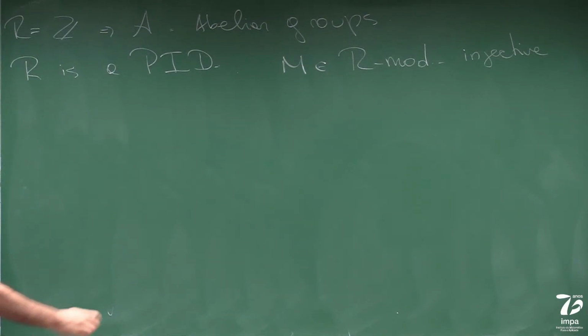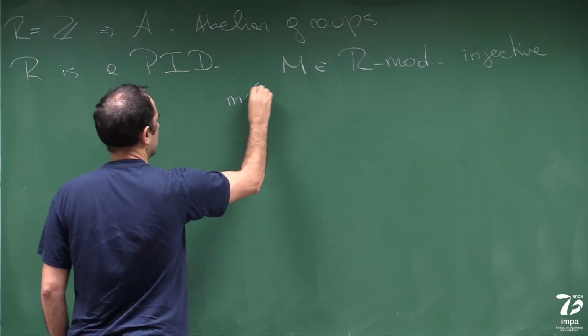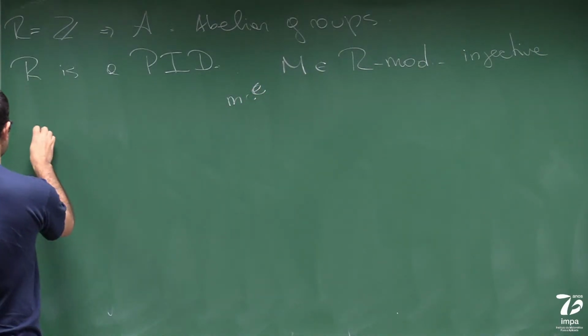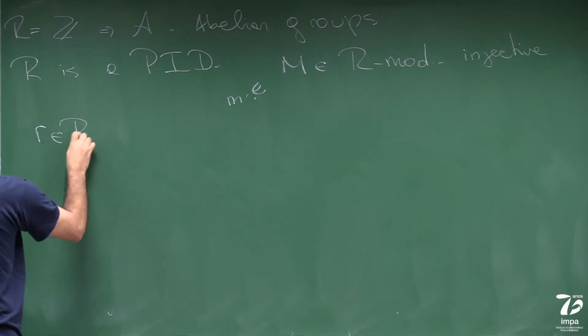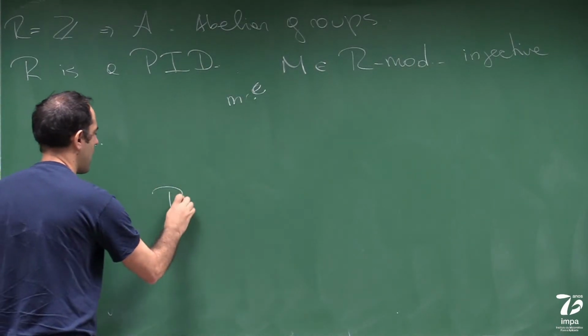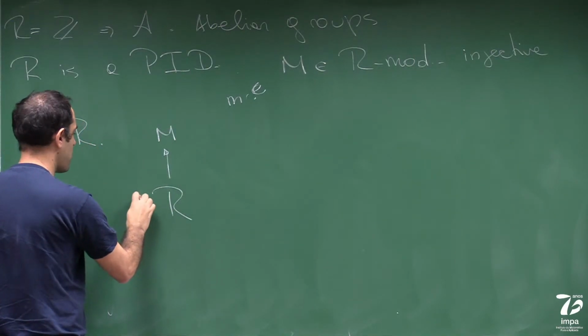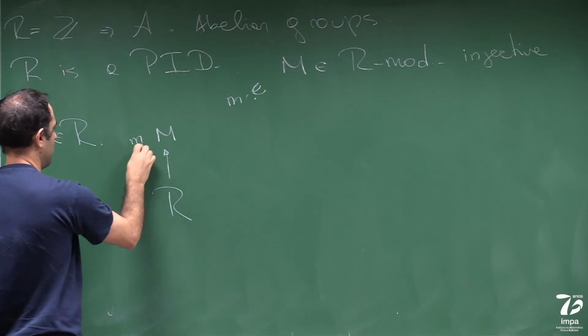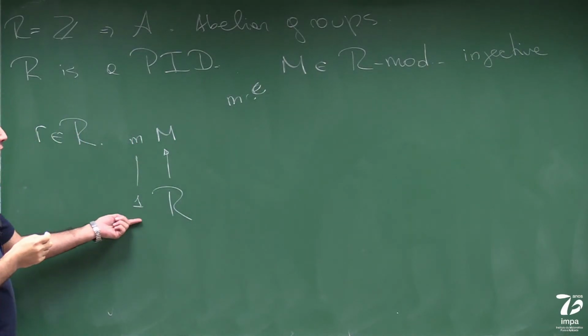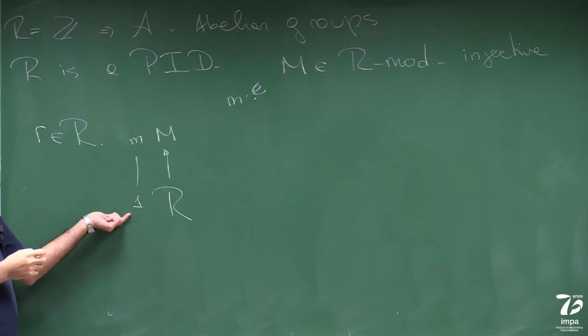So let's pick an element inside of this module, and let's pick an element in the ring. So we can cook up an R-module map from R to M that just sends 1 to m. And this extends uniquely to an R-module map, because R is the R-module generated by 1.